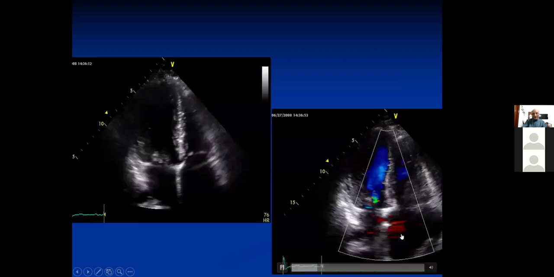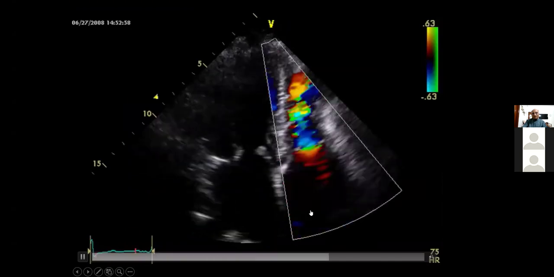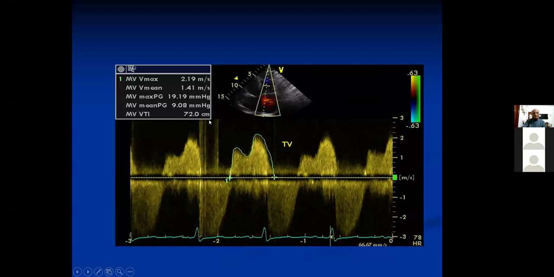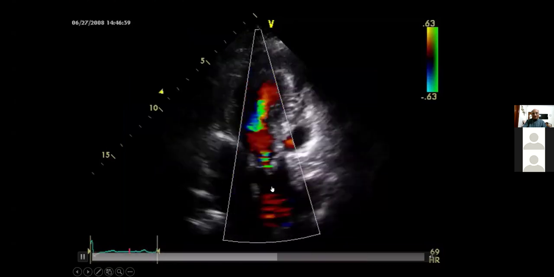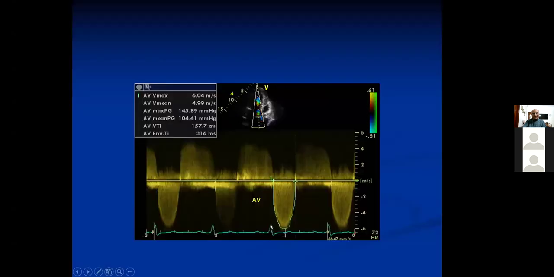And again, you see tricuspid stenosis and regurgitation, a severe tricuspid stenosis as per the various criteria. Also, the patient had aortic stenosis and regurgitation, you see, a severe aortic stenosis and regurgitation.